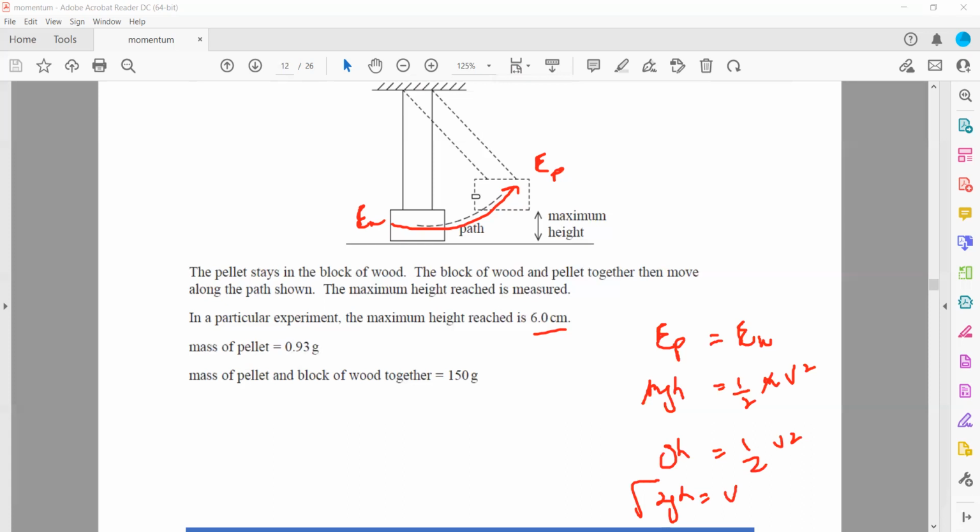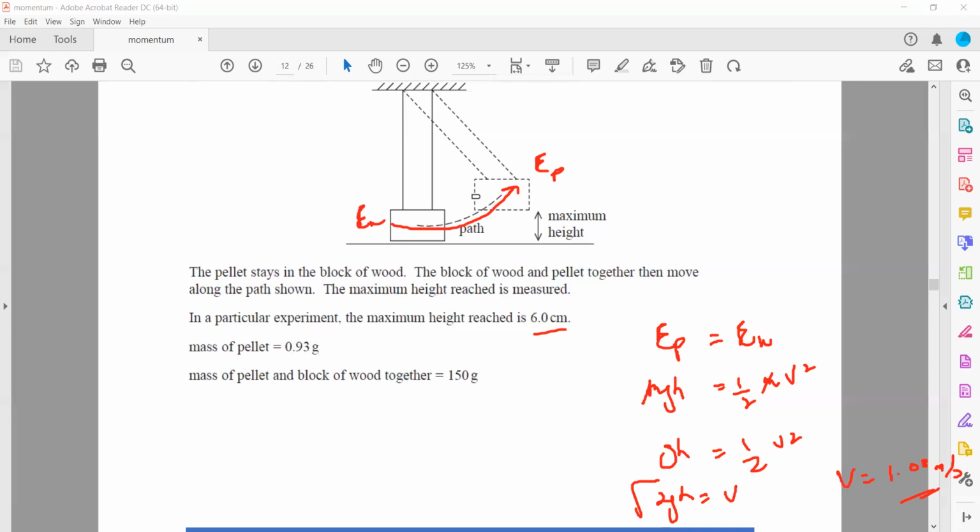The height moved is 6 centimeters, which is 0.06 meters, and when we substitute these values with gravity, we get the initial speed at which the wood and the pellet will move, which is about 1.08 meters per second.